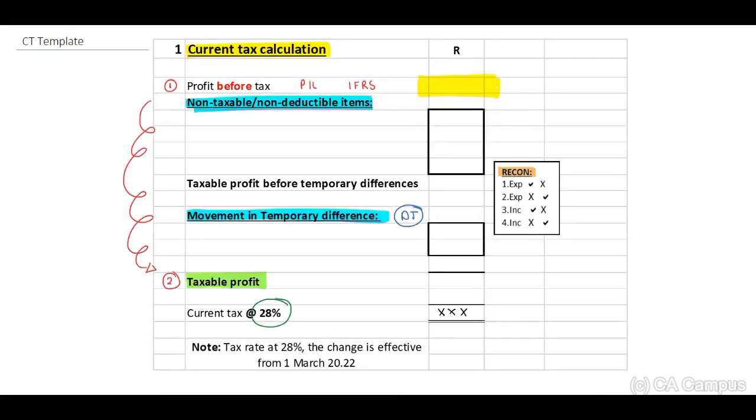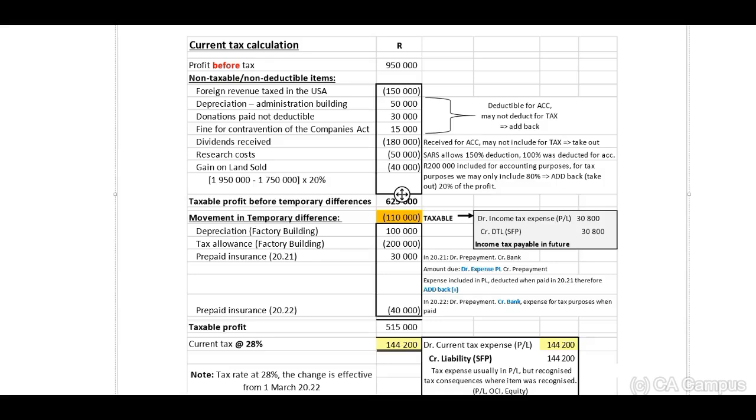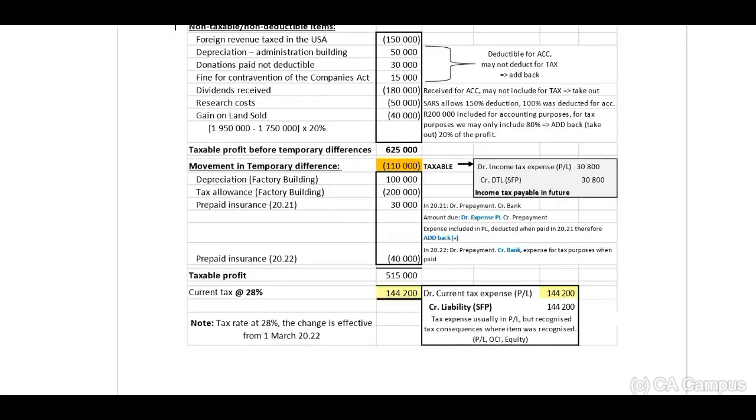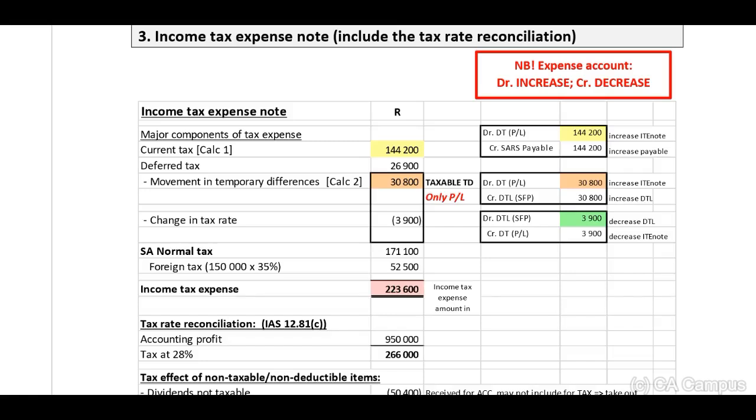In terms of our current tax, this is your current tax calculation, and we have determined that our total current tax is 144,200. Therefore, we need to transfer this 144,200 to our income tax expense note.